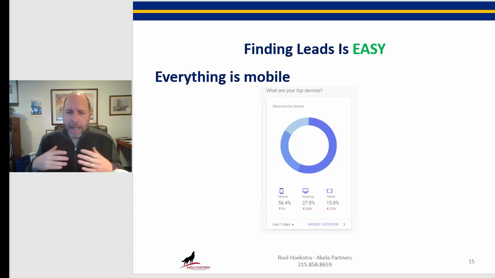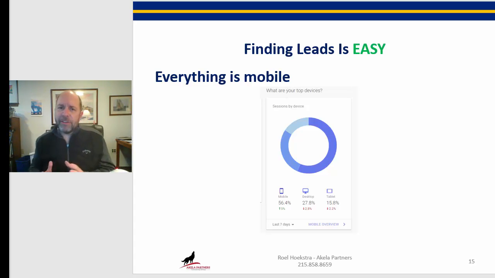I'm bringing this to your attention because if you are developing any kind of marketing, lead funnel, or lead generation tools, you absolutely have to recognize that your prospects are seeing them on a cell phone. So it's got to fit on this screen, not on a desktop. I'd be willing to bet that you're watching this on a mobile phone right now.